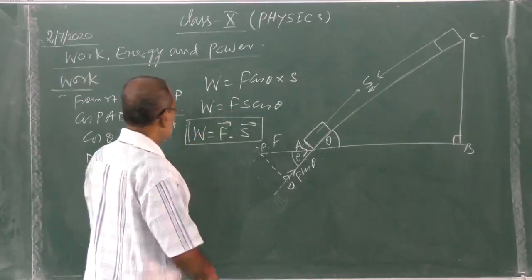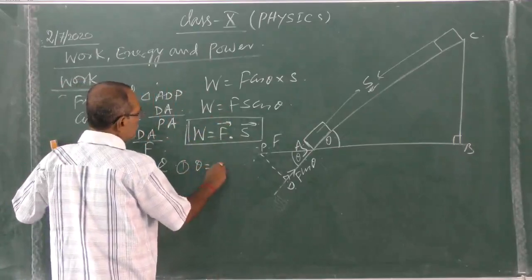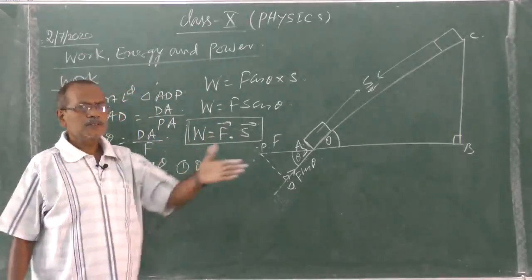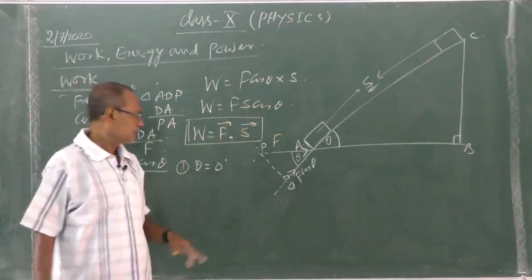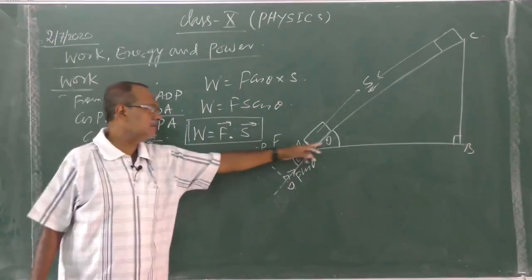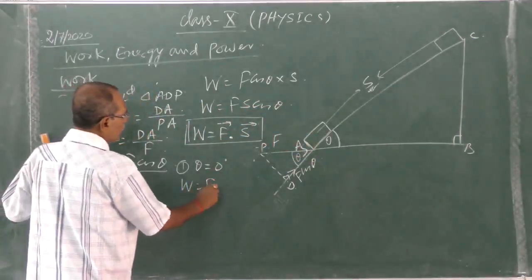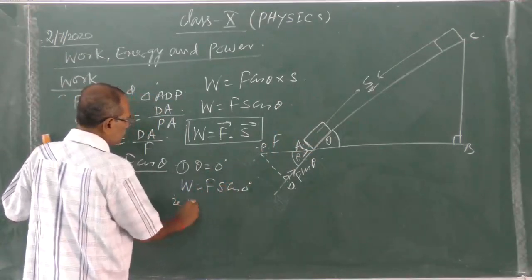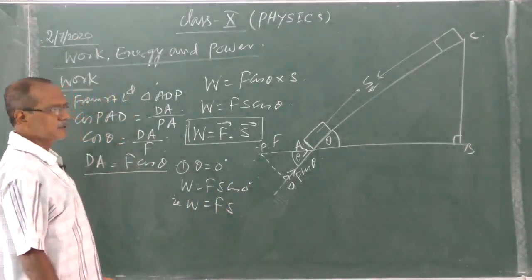Now here, number one, when theta is equal to 0 degree, it means force and displacement are both in the same direction or parallel to each other. Then work done is equal to F S cos 0 degree, that is work done is equal to F into S, since cos 0 degree is 1.